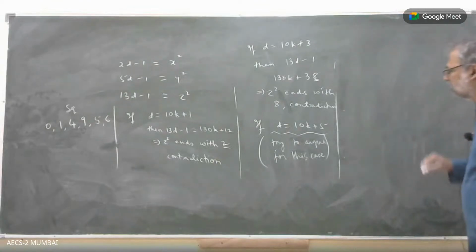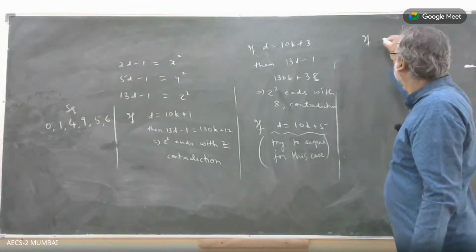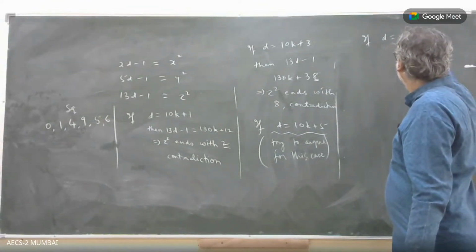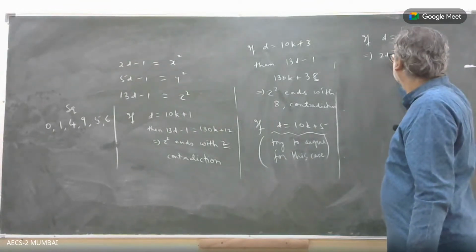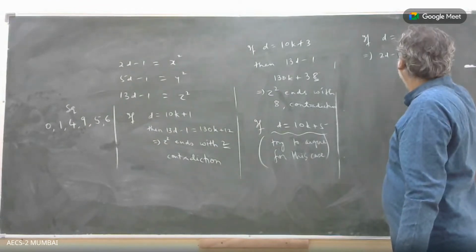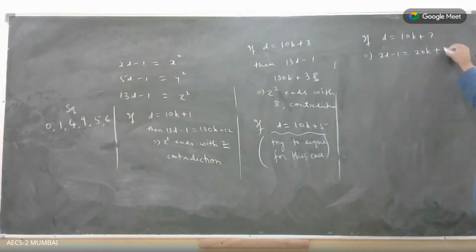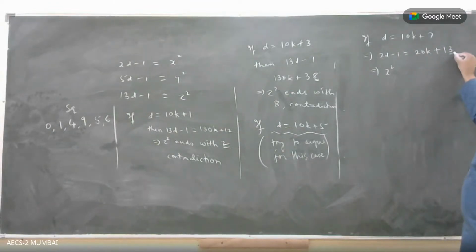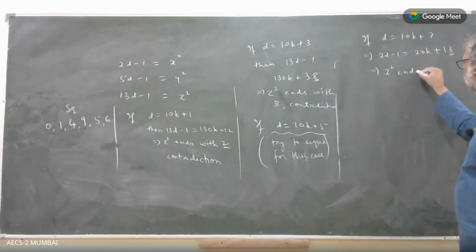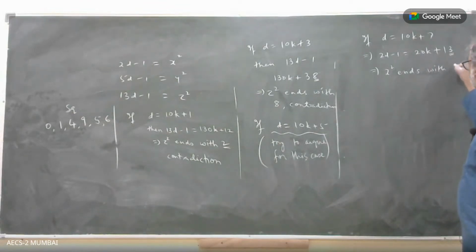So if d is 10k plus 7, the unit digit of x squared becomes 3: 20k plus 14 minus 1 ends in 3. So x squared ends with 3, a contradiction.